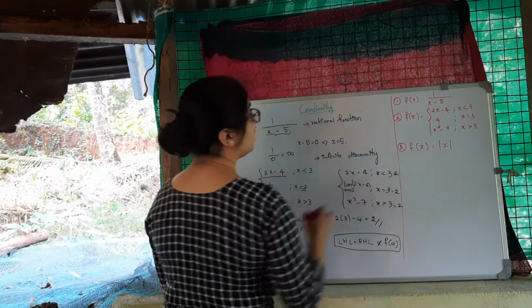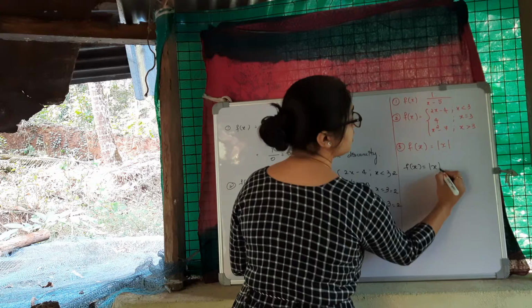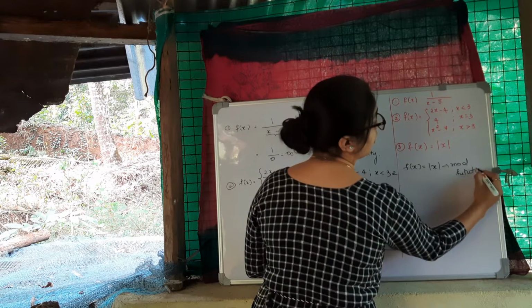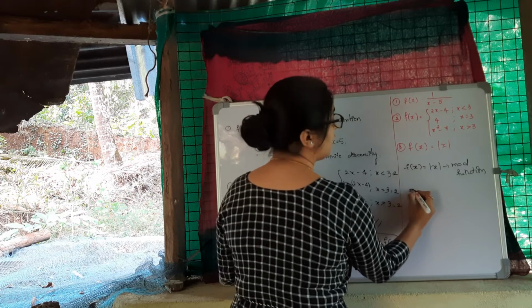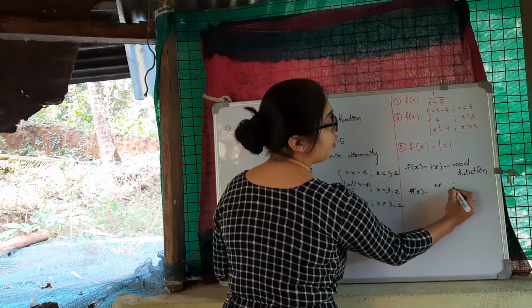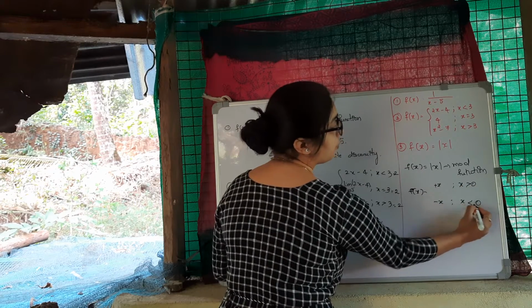So consider the third, that is a mod function. Mod x will be equal to plus x for x greater than 0, minus x for x less than 0.